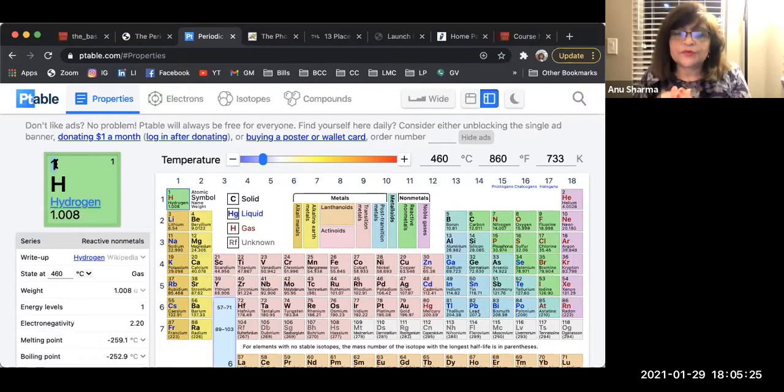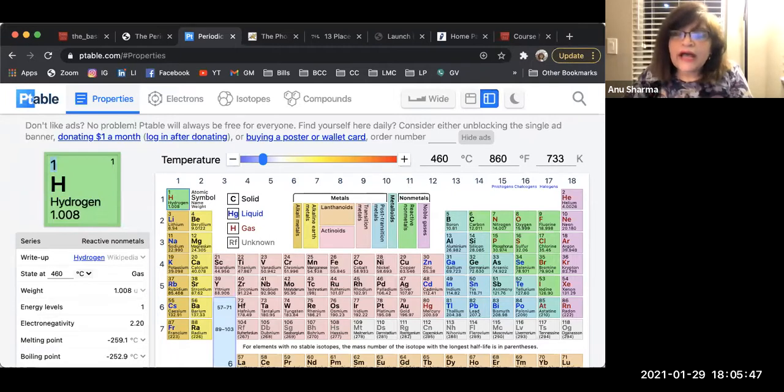And that is the number of protons and the neutrons. That's the weight. But the atomic number is the number of protons, and it is the number of protons that determines the identity of the atom. So here we see hydrogen with one proton, very reactive.